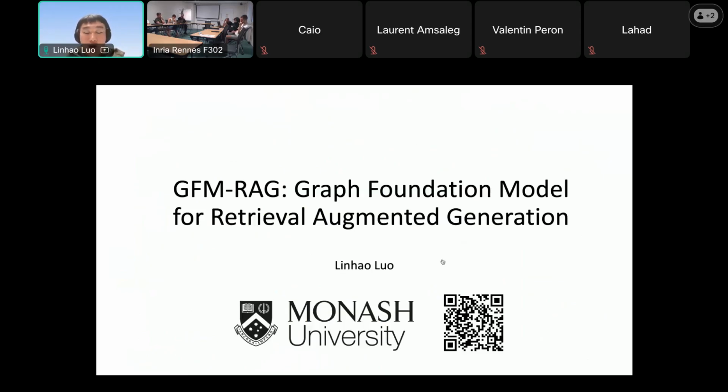You can feed your question into our model with your knowledge graph, and our GFM model will predict the relevant entities or relevant documents based on whatever you need. Then you can utilize this to design retrieval systems to help answer the user's questions.